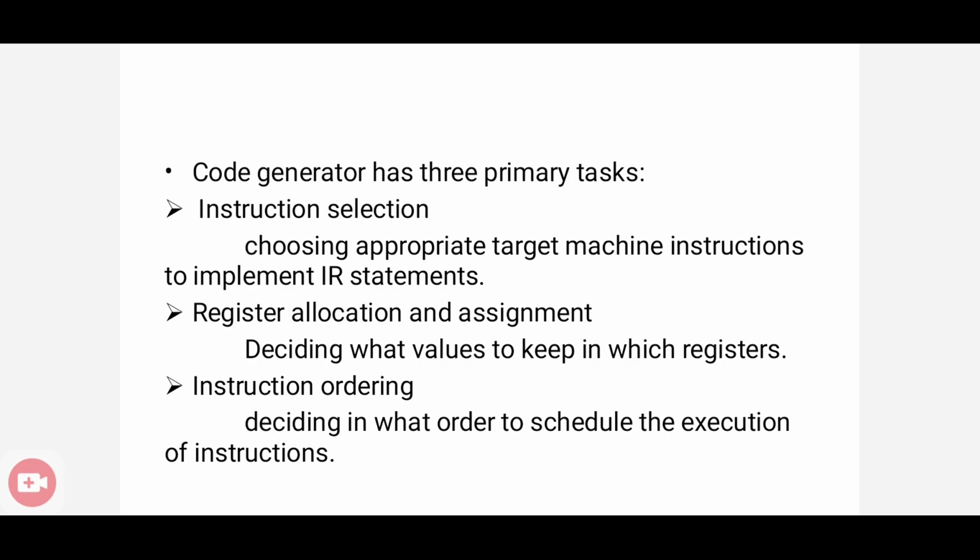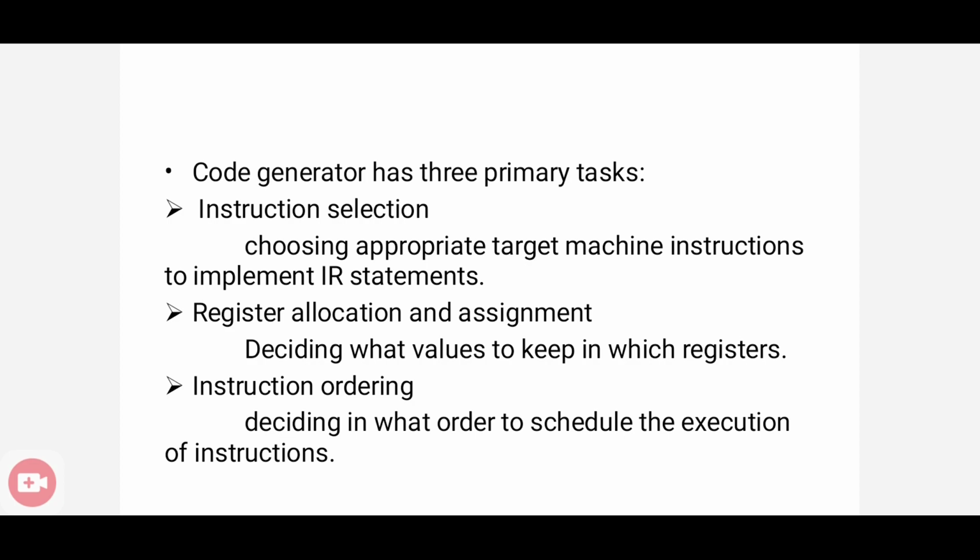Actually it is a decision-making mechanism about what values to keep in registers. Third one, instruction ordering. That means in which order all these instructions must be executed. So the code generator has three primary tasks.